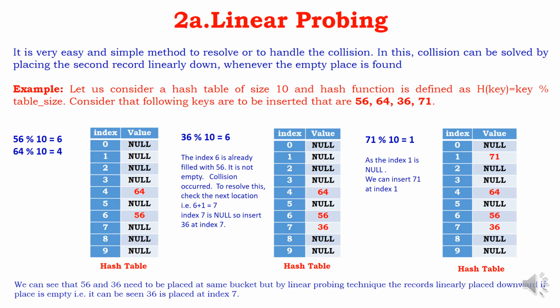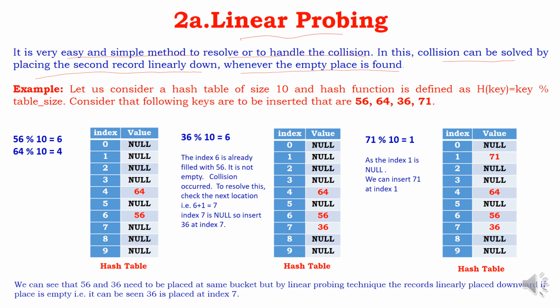The first method in open addressing is linear probing. Linear probing is a very easy and simple method to handle the collision. In this, a collision can be solved by placing the second record linearly down wherever an empty place is found.